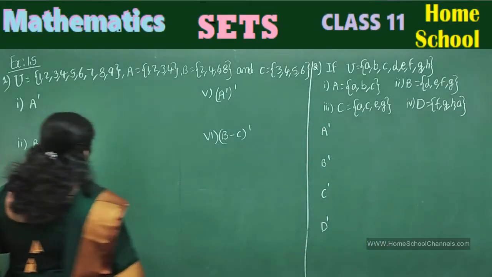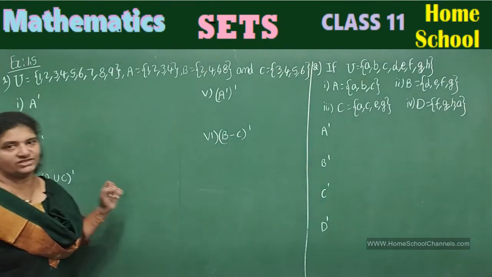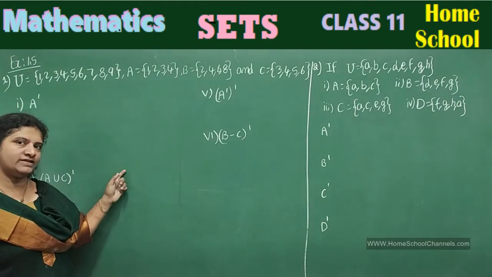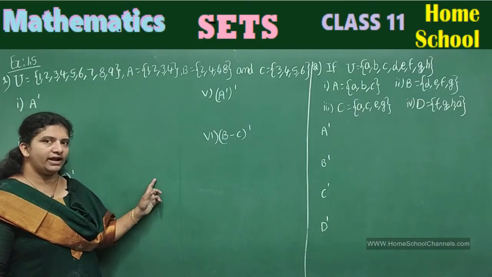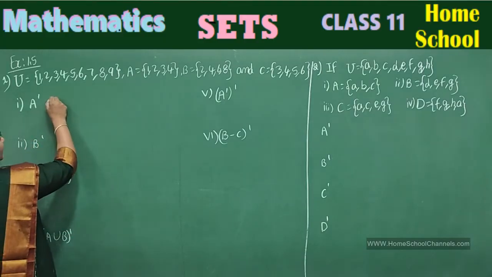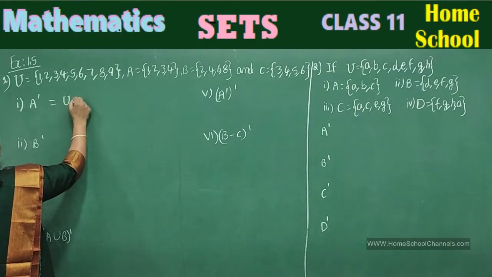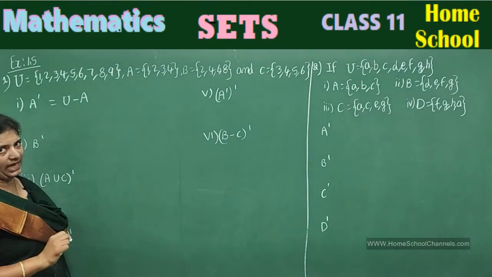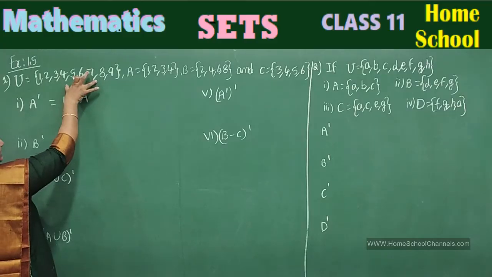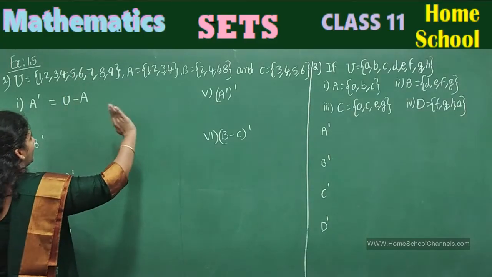A complement, you can write it as the set of all x such that x belongs to universal set and x does not belong to A. In this way also you can write, or directly you can write it as U minus A. In universal set, remove A set elements.